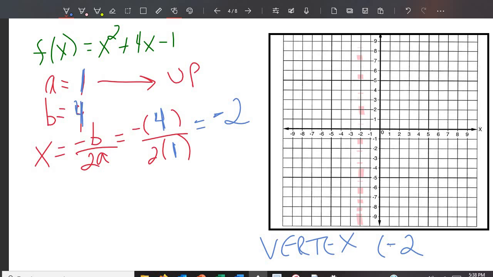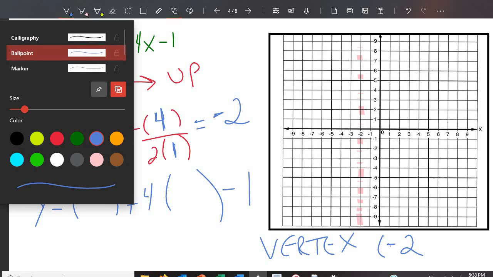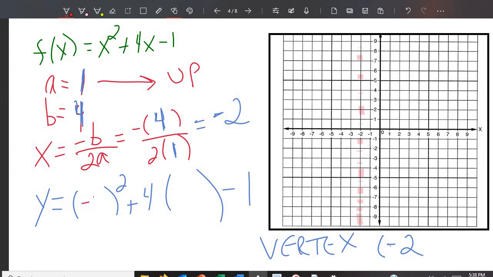Now, let's go find y. So we're going to take the original function and plug in negative 2. So we're going to get positive 4 minus 8 minus 1, which is going to give me negative 5.